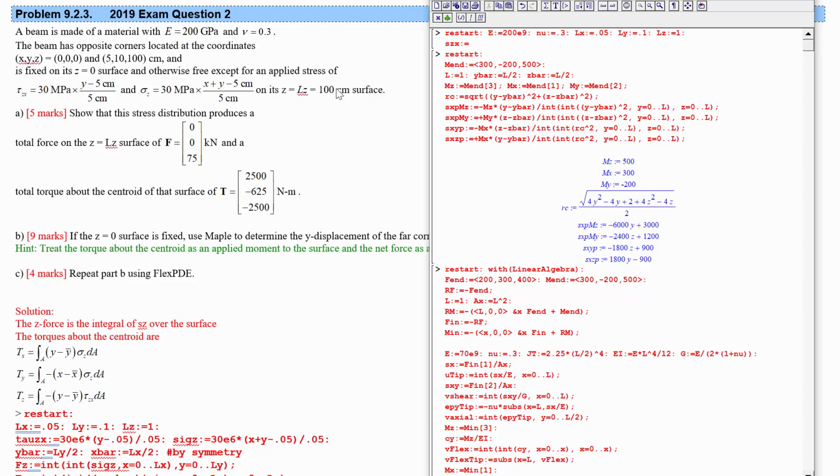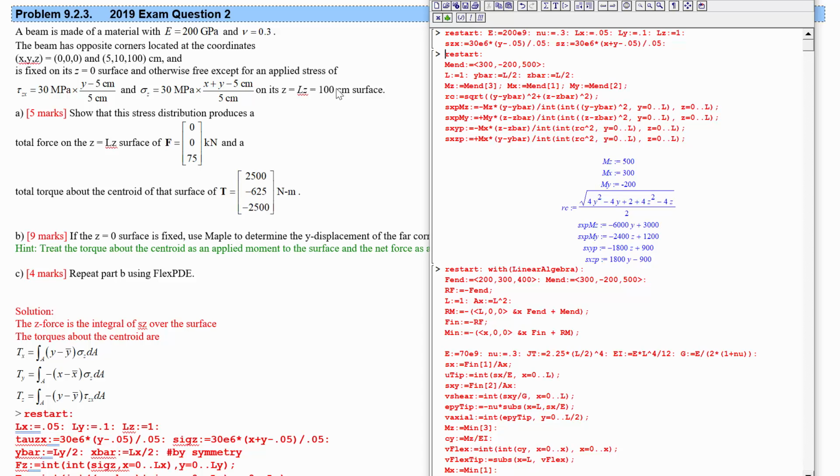Szx is equal to 30E6 times y minus 0.05 meters over 0.05, and Sz is equal to 30E6 times, let's see, x plus y minus 0.05 all over 0.05.